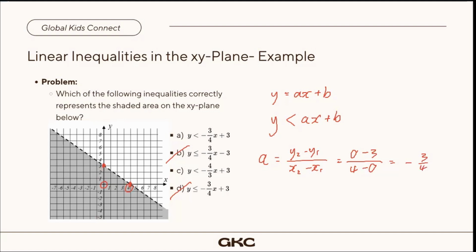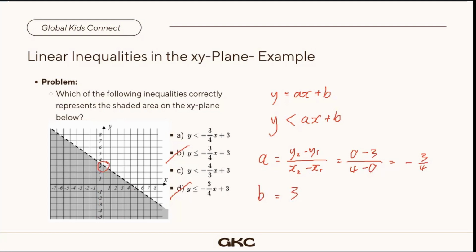And then our last part for finding the y-intercept, which is b in our case, just take a look at the graph itself and find where the linear line crosses the y-axis. We can see that it crosses at a y value of 3. And therefore, we can say that b is equal to 3.